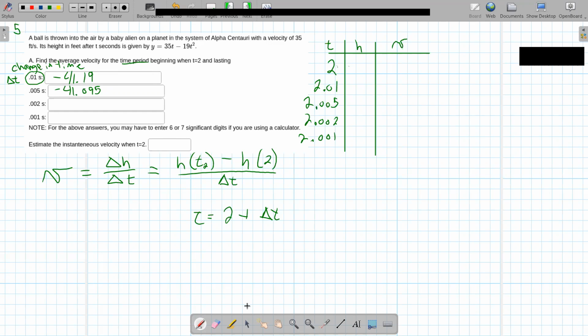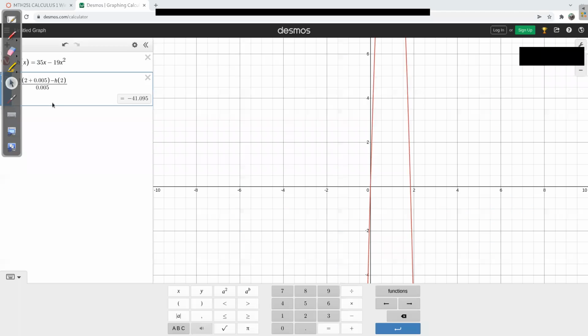This second group here. Closer to 2 as we move in that direction. So the next one was 0.002, change both values.